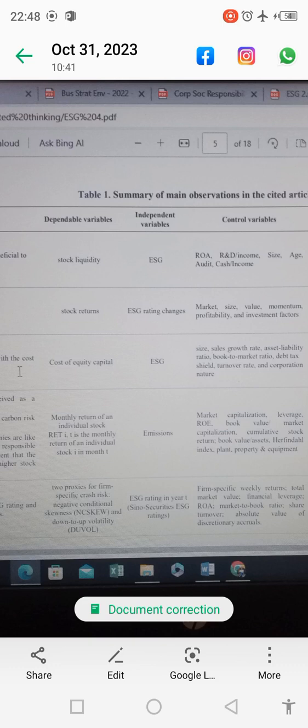That's a gap. You could also decide to add other variables like moderating variables or mediating variables. We are going to talk about these variables in our subsequent video.